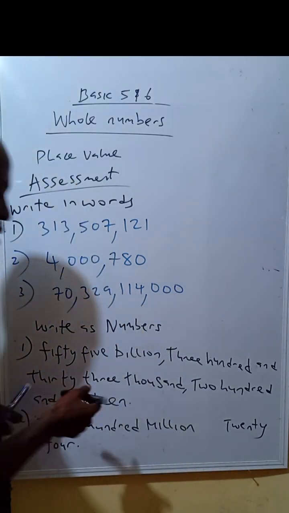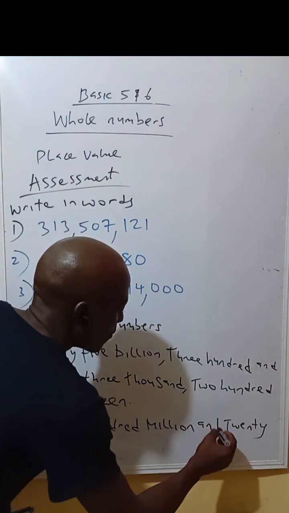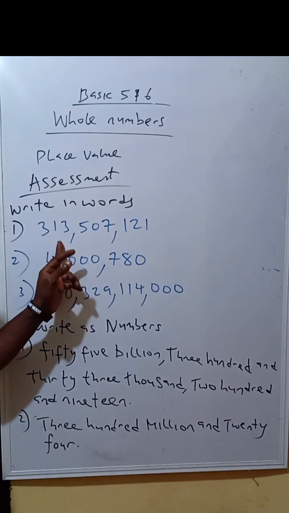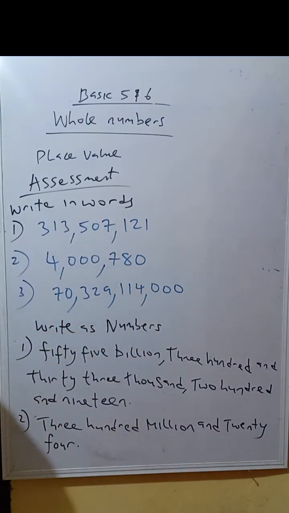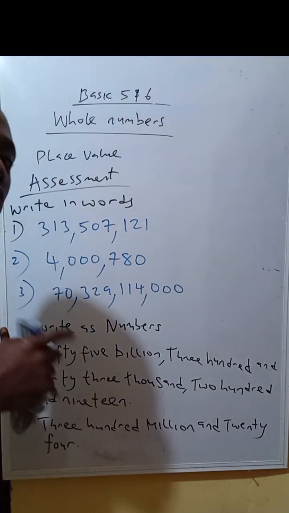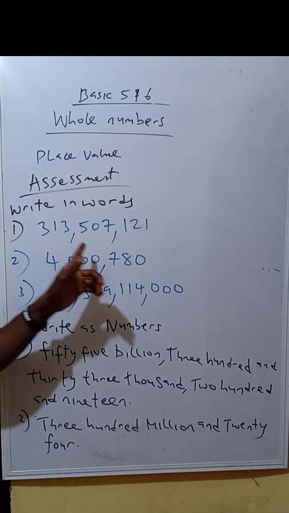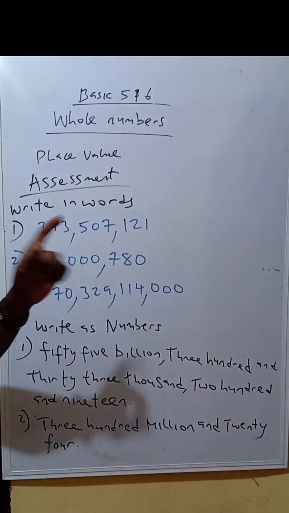Okay, let me maintain the black ink. So let me call it out. 313,507,121. Please take this assessment very seriously. It's very, very important. I need you to do it. You must have a note for this. So when you've written down what you need to write from the lesson, you write assessment.